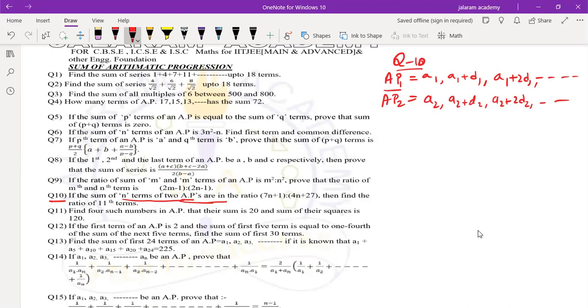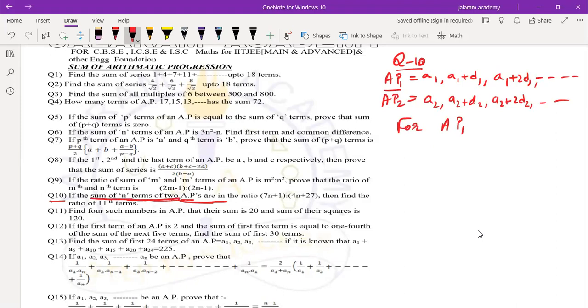And it is given that sum of n terms of two APs. If we find the nth term for AP1, we know the formula for the nth term is an equals a plus n minus 1 into d. But as it is given, it is not the nth term, it is the sum of n terms. Okay. So for AP1, we use the formula for the sum of n terms.